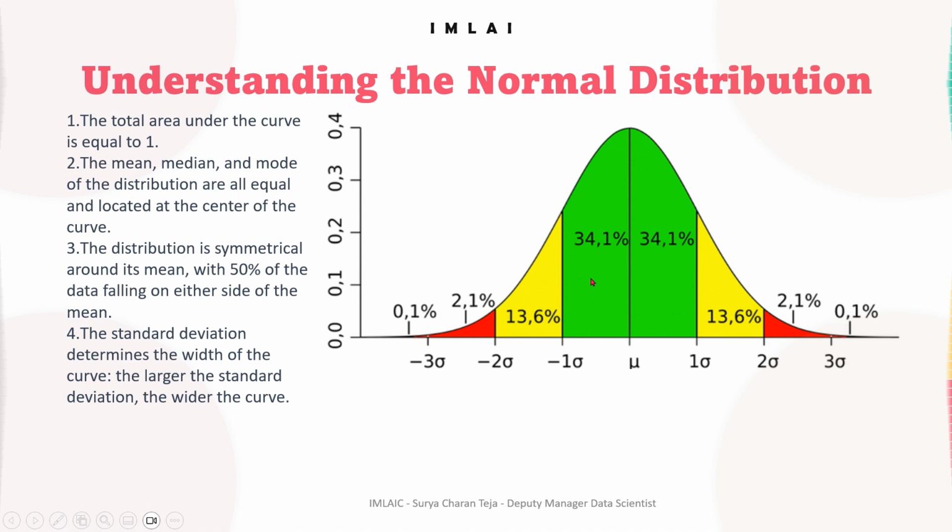The specific proportion of data that falls within each range can be calculated using the empirical rule, also known as the 68, 95, 99.7 rule.